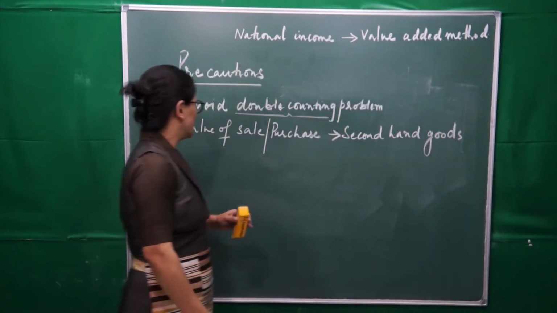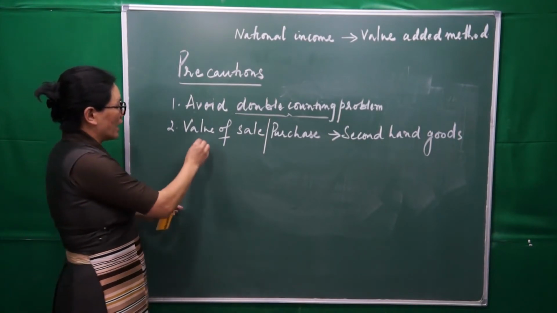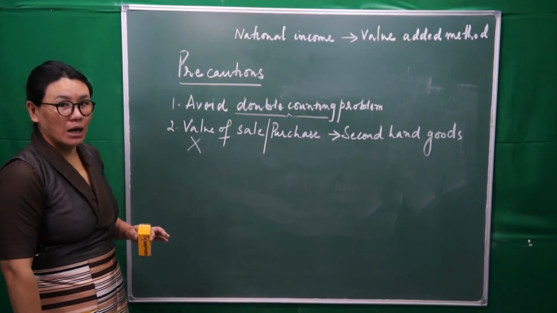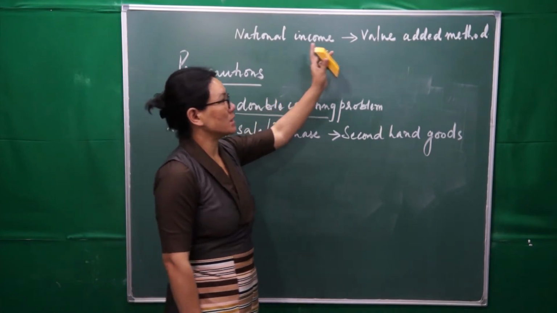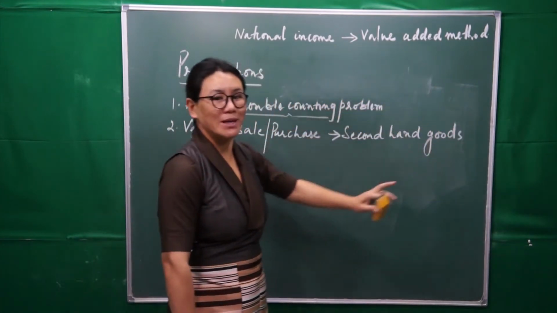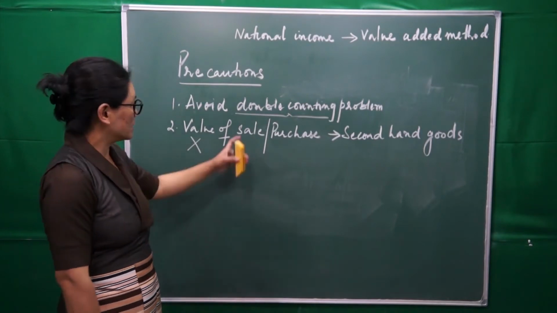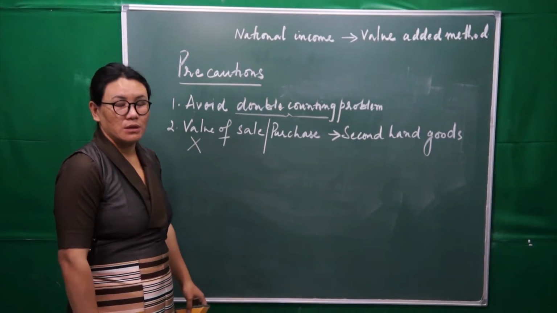See here, the value of sale and purchase of second-hand goods is not taken into account while estimating national income using the value added method. This one is not included in this method.